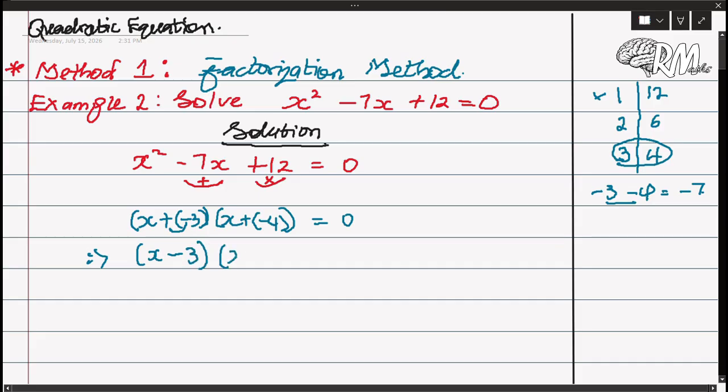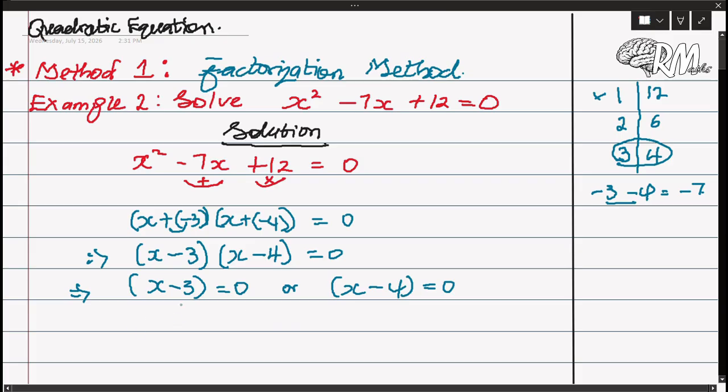The same thing on the other side, plus times minus gives me minus, then I'll put my 4 down, equals 0. So the next step is for me to equate each bracket to 0. Then I have x minus 3 equals 0, or x minus 4 equals 0.